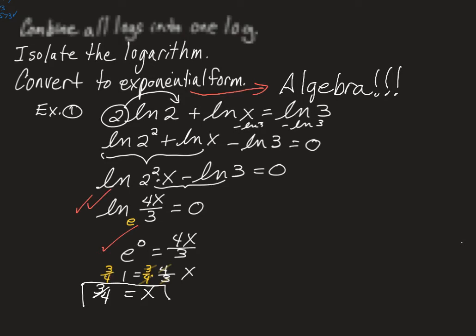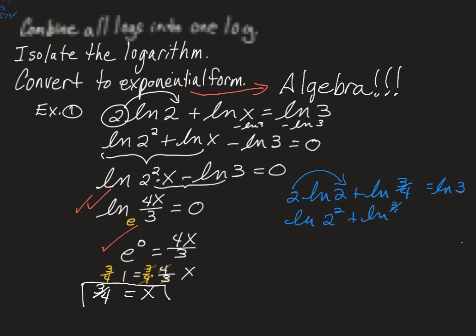Let's check it. 2 natural log of 2 plus the natural log of 3/4 equals the natural log of 3. Well, let's see. Bring this in. Natural log, you could do this on your calculator also.